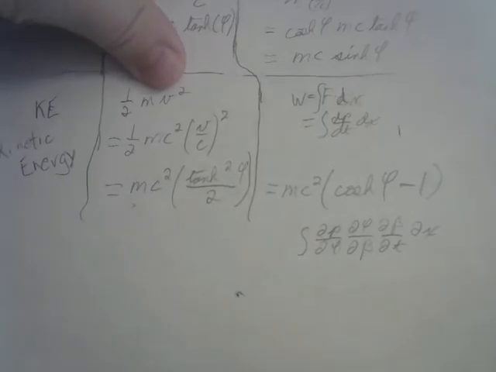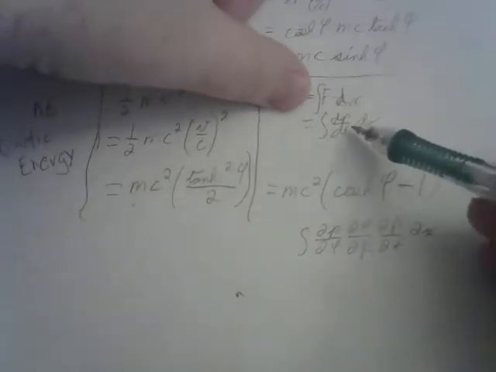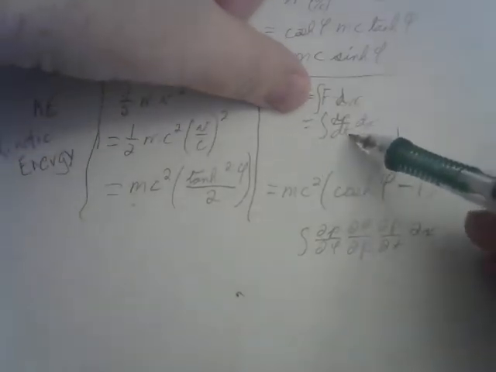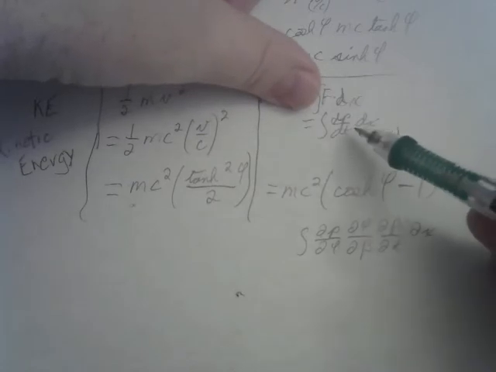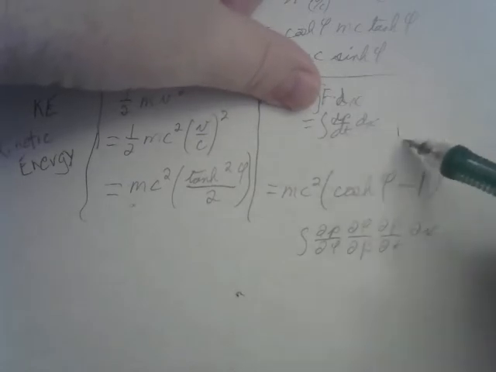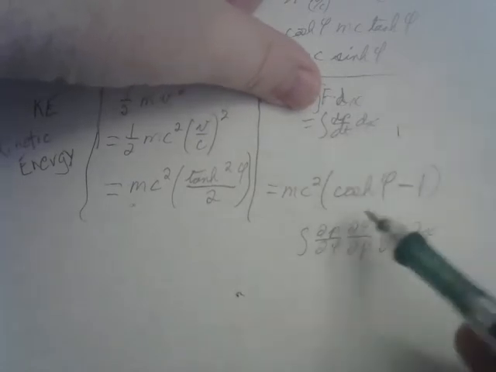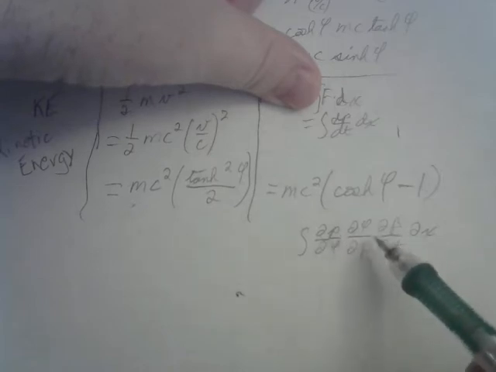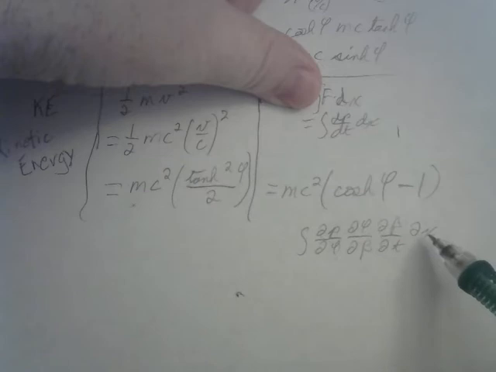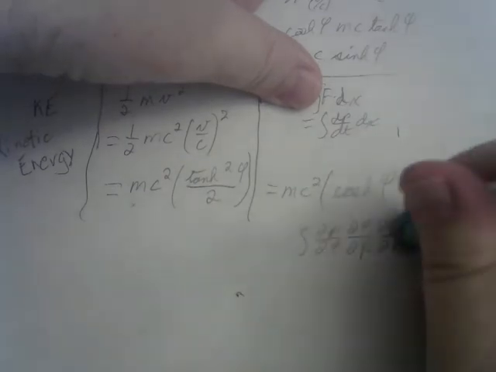And the trick to this is that dp dt can be separated out into a string of solvable problems. We can find dp d phi, we can find d phi d beta, d beta dt, and dx there at the end.